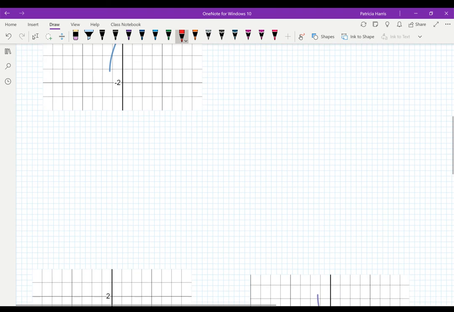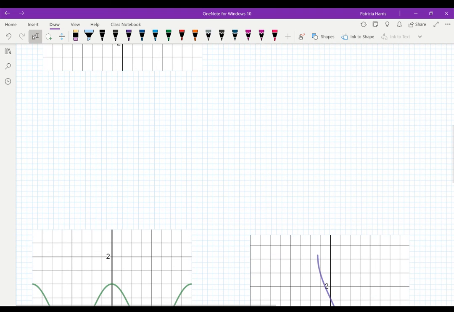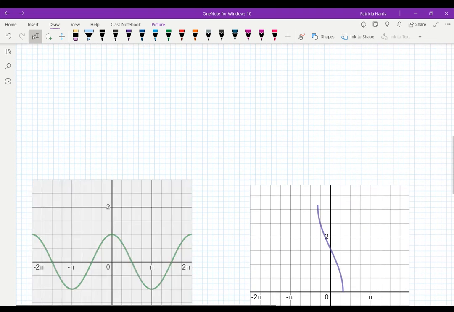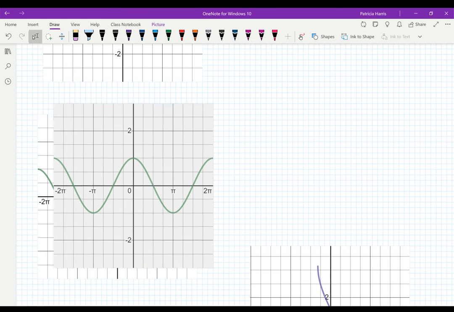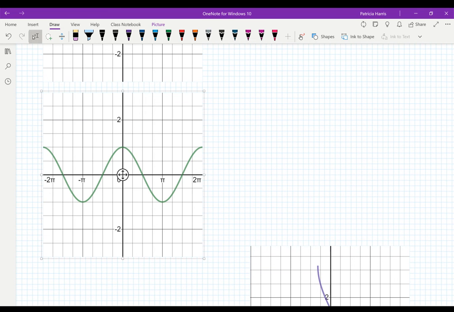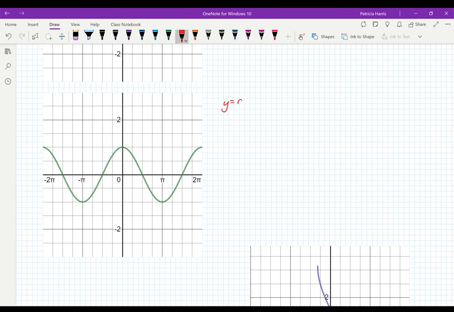Okay, so if I look at cosine, where's cosine? We have the same kind of issue. Cosine is a function.